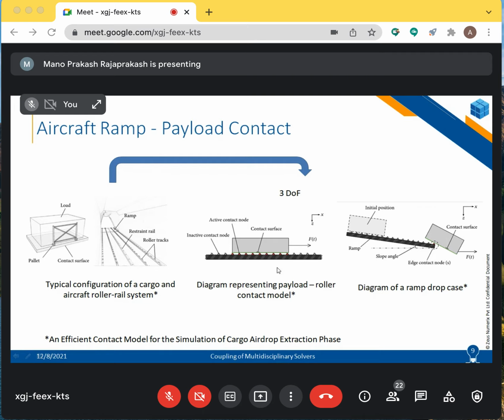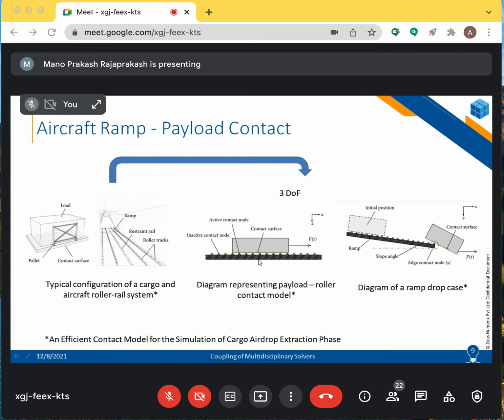We'll go to the second image. It can either move in this direction, or in the z direction. The third one is the rotational motion in the plane defined by the xz plane. So it's only a 3 degree of freedom motion that the payload is permitted to have during this phase of the system.